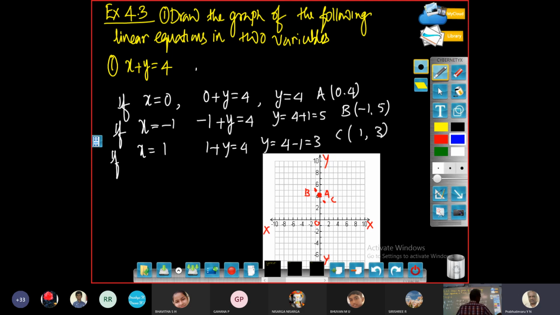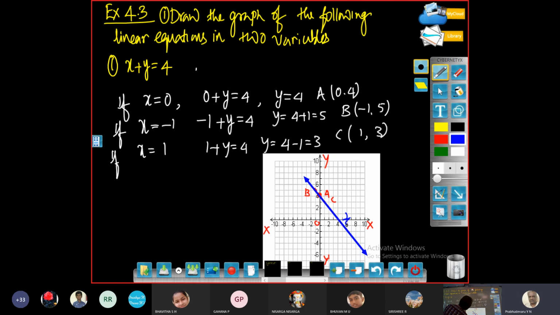Then you draw a straight line passing through these points A, B, and C. We call this x plus y is equal to 4.